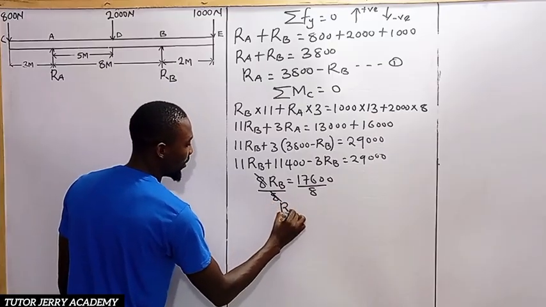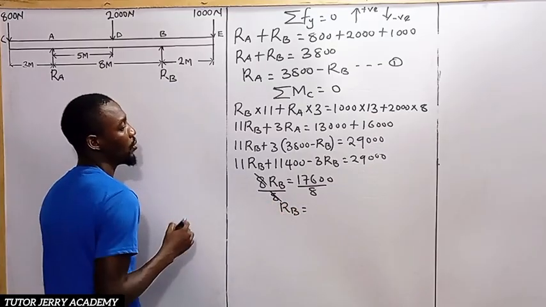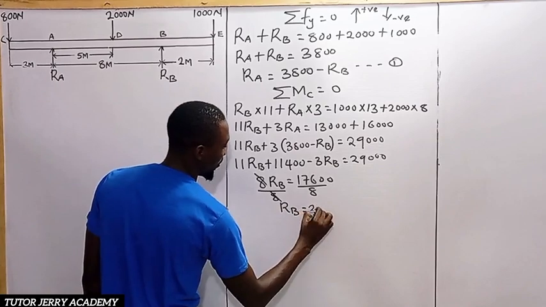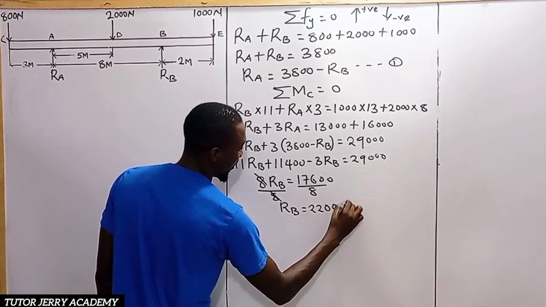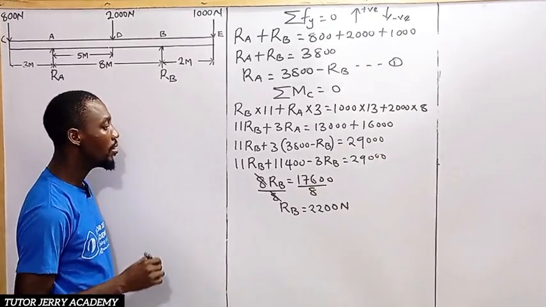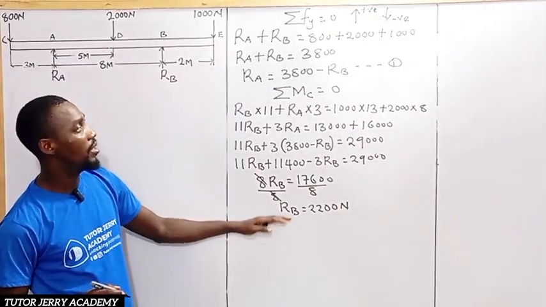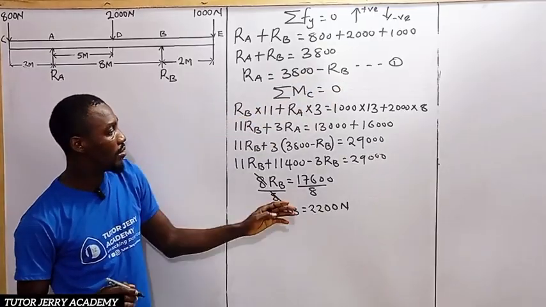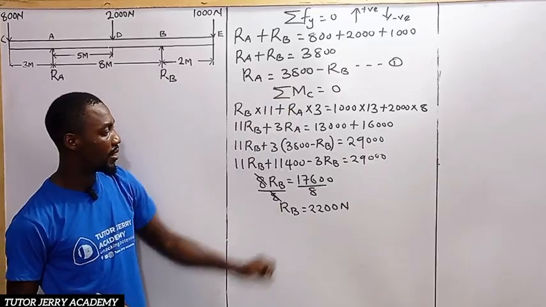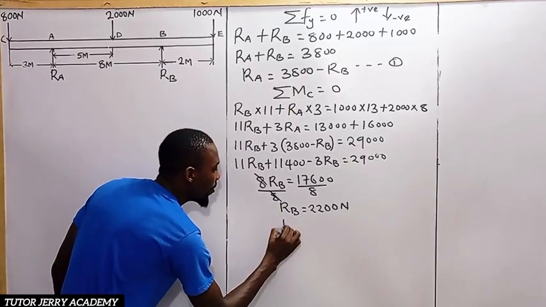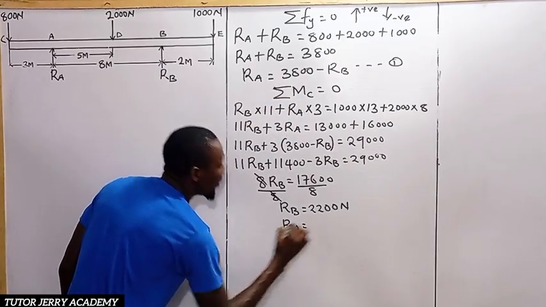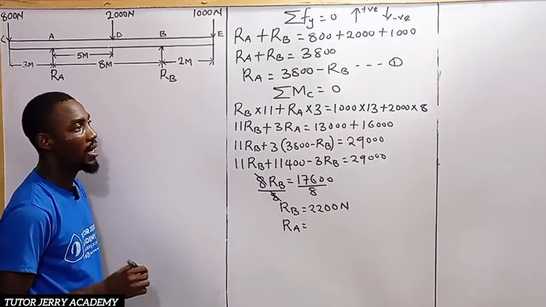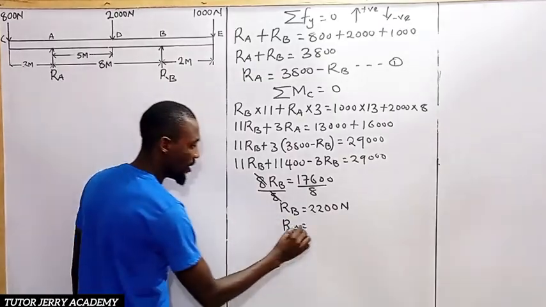Then our RB will be equals to 2,200 Newton. All right. So for us to get our RA, we subtract RB from 3,800. So that is 3,800 minus 2,200. So our RA, that is our reaction at A, will be equals to 1,600 Newton.